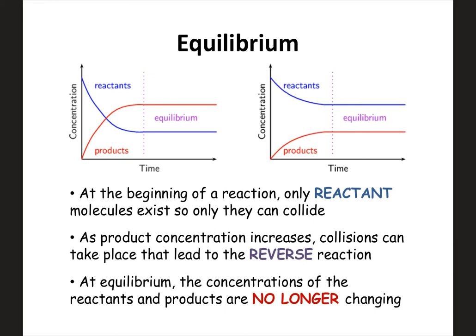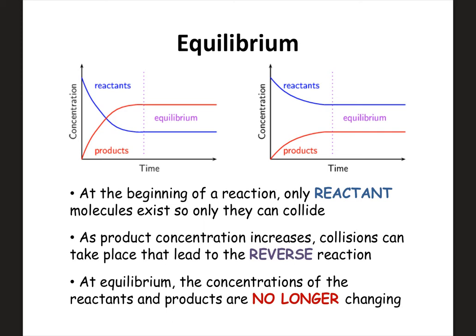But eventually you reach a point, after so long, where you have no change in the concentration. So we say that this is where equilibrium starts. And after that, the concentration of both the reactants and the products remain the same. They don't have to be equal to each other. It's just that after that point, there's no longer a change in the concentration of the reactants.